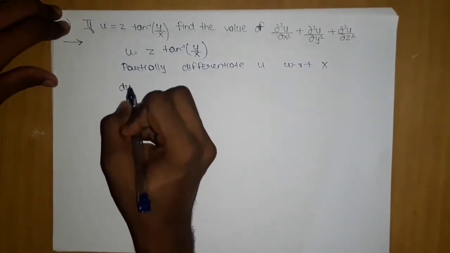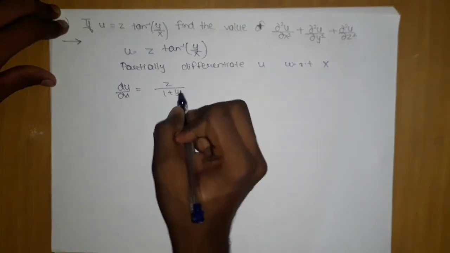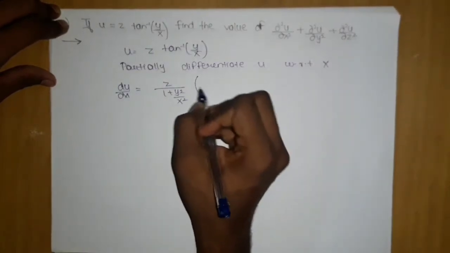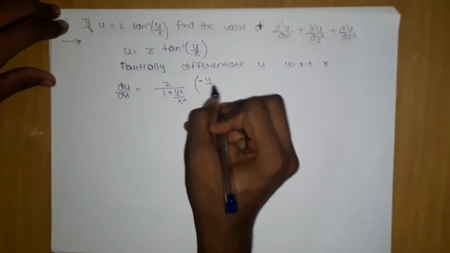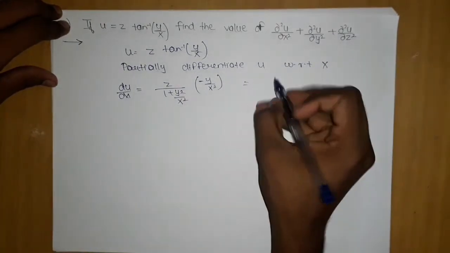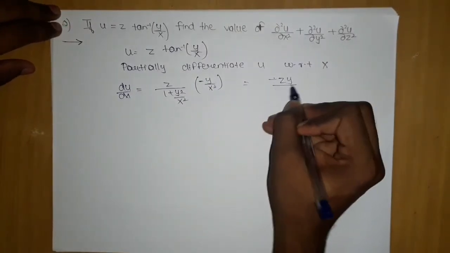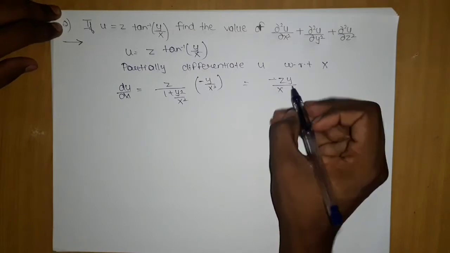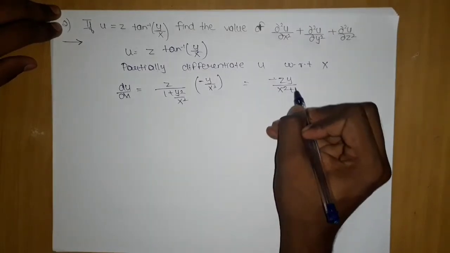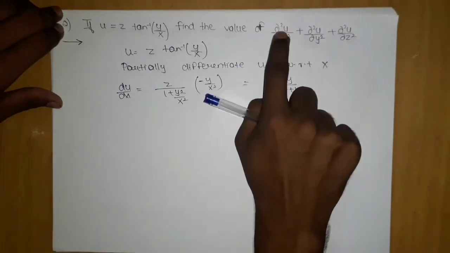What you are going to get is dou u by dou x equals z into 1 plus y square by x square, if I differentiate it, minus y by x square, which will give me minus, and x will cancel out, minus zy by x square plus y square.